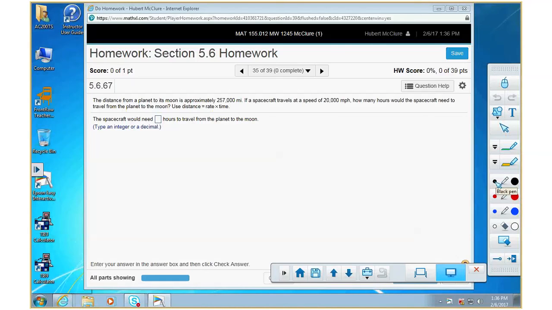This is one of those formulas that even if you don't learn anything out of my class, at least learn this. Because this applies in real life. Distance equals rate, which is the speed, times time.